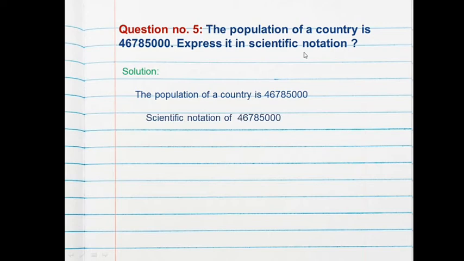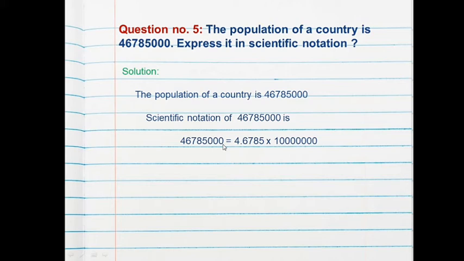The scientific notation of 46 crore 7 lakh 85,000 is, we can write it as, so as I told you already how to convert a long number into an exponential form. So here after the first digit give a decimal, and after that whatever non-zero numbers are given we have to write, so we will write it as 4.6785, and after that what is given, 3 zeros.